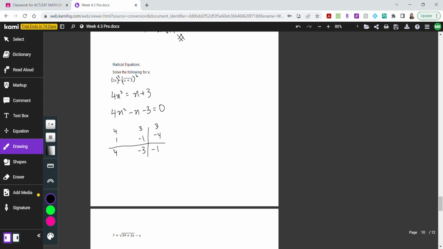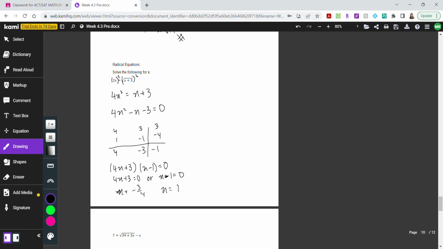Okay, it looks like it works, so that means my factors are going to be 4x plus 3 and x minus 1 equals 0. From here, I'm going to find out what x would equal. So x equals negative 3 over 4, and x equals 1.